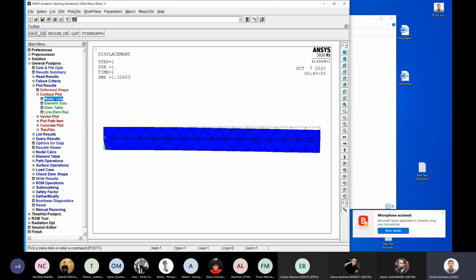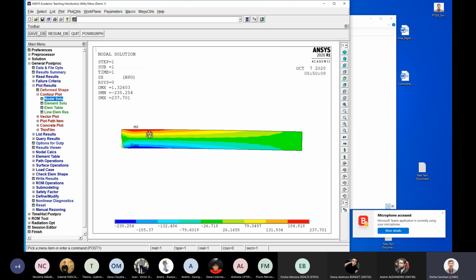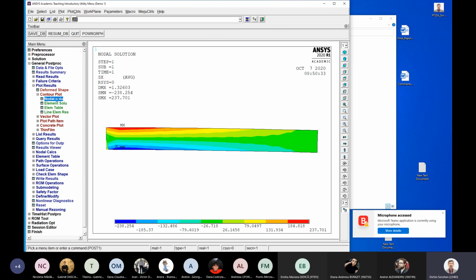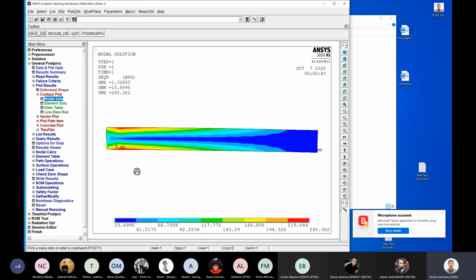Also, we can plot the stresses along x, and we find positive normal stresses of 267 here, and negative stresses here due to the bending. Please observe that we have bending here. So this is the region where the stresses are larger, as you know from strength of materials, and we can also obtain the equivalent von Mises stress, which shows us that the maximum stresses are also in this region.